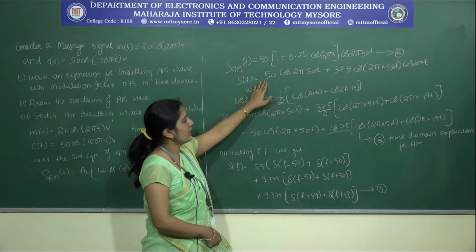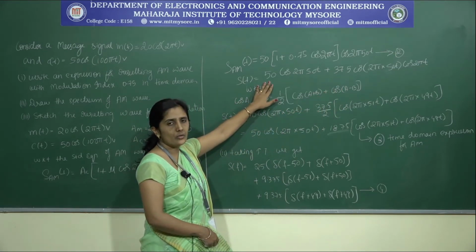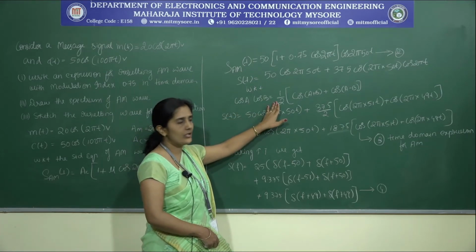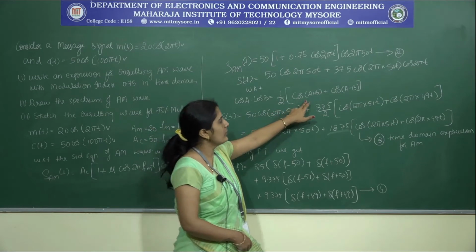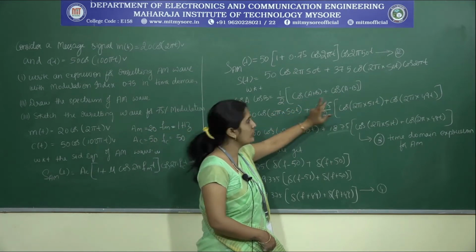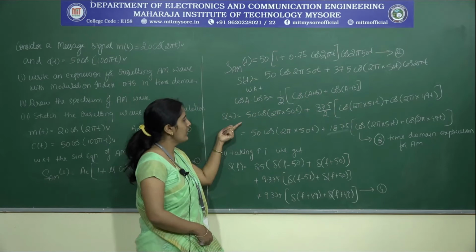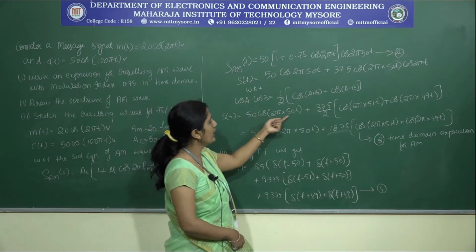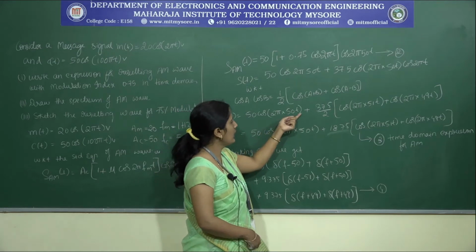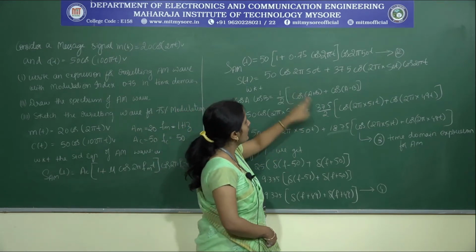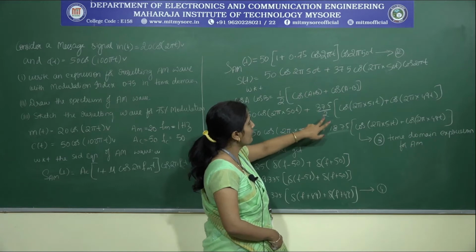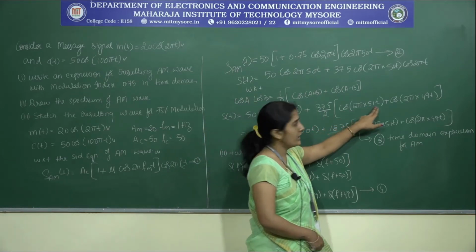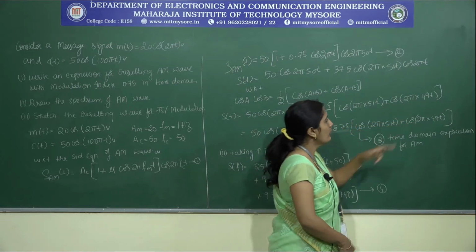We can consider this with respect to cos A into cos B. We know the formula for this: half into cos of A plus B plus cos of A minus B. So s of t is equal to 50 cos 2 pi 50t plus, after dividing 37.5 by 2, cos 2 pi 51t plus cos 2 pi 49t.